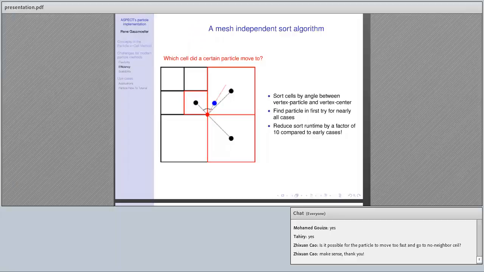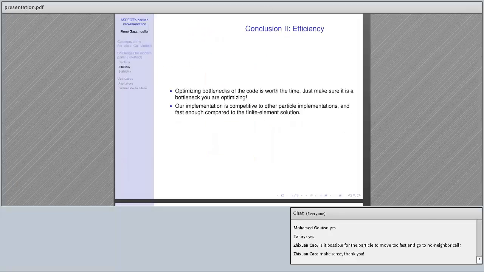And as you have seen, this change of algorithm actually is able to reduce the runtime of this sorting part of the particle algorithm by more than a factor of 10. And it scales better. So the more particles you have, the better this algorithm will be. So to conclude this second part, optimizing bottlenecks of your code is worth the time, but you should definitely make sure first that it is a bottleneck you're optimizing.